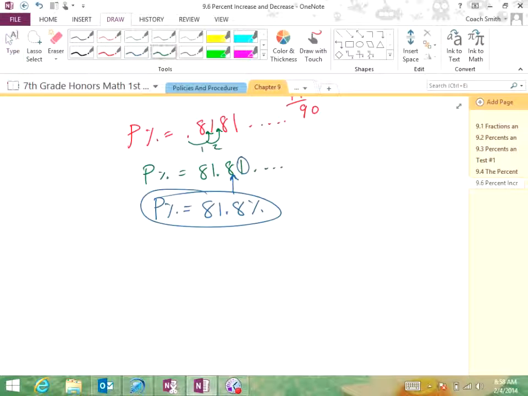Let's look at another one. This one here, original is equal to 150, and new is equal to 63.